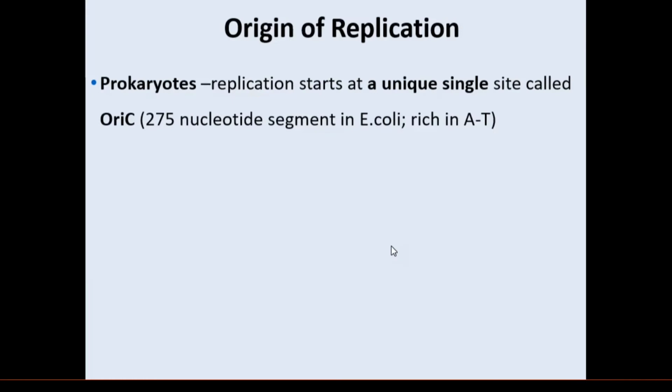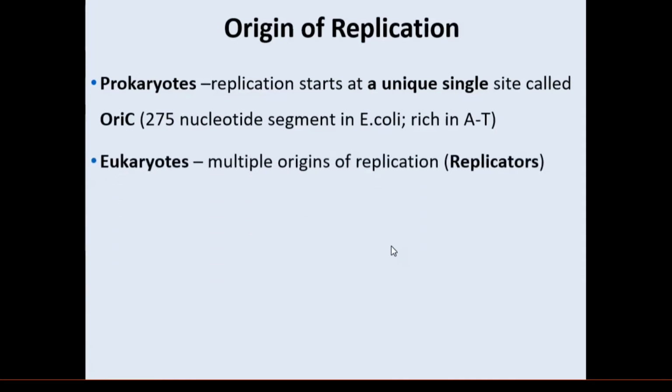It always initiates at a unique point called an origin. In prokaryotes, replication starts at a unique single site called oriC. oriC consists of 275 nucleotide segments, and they are rich in adenine thymine base pairs.